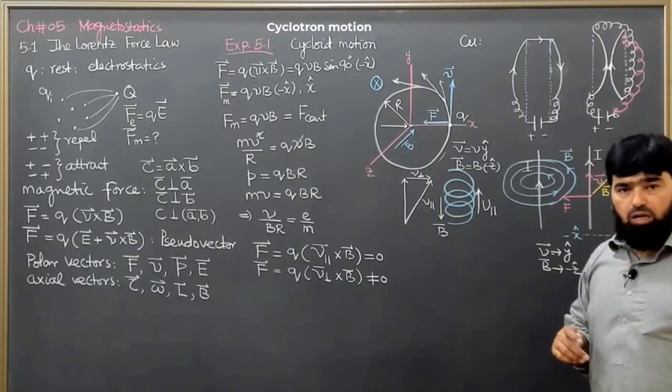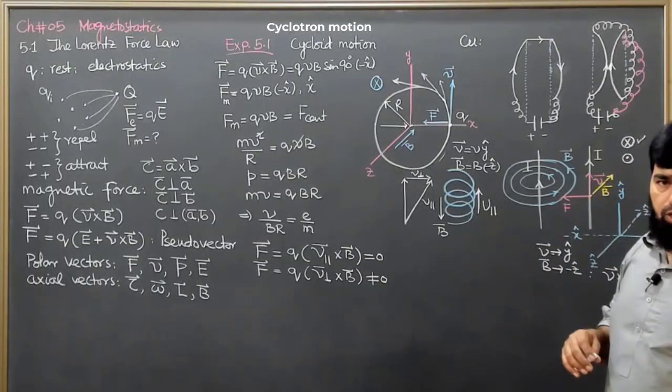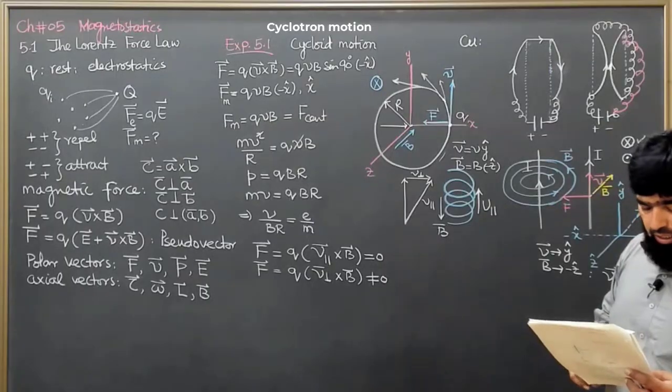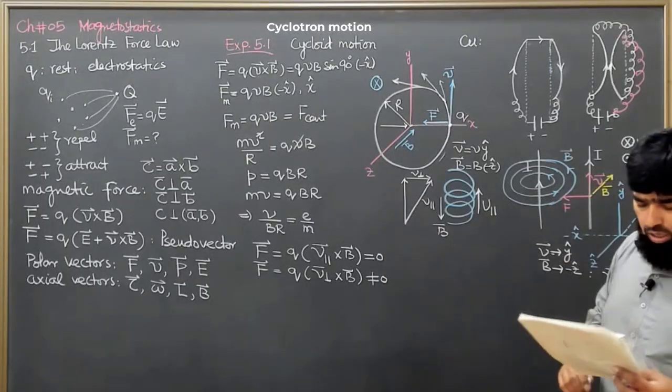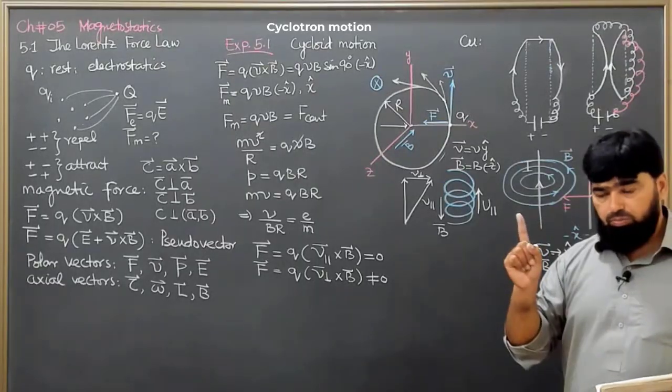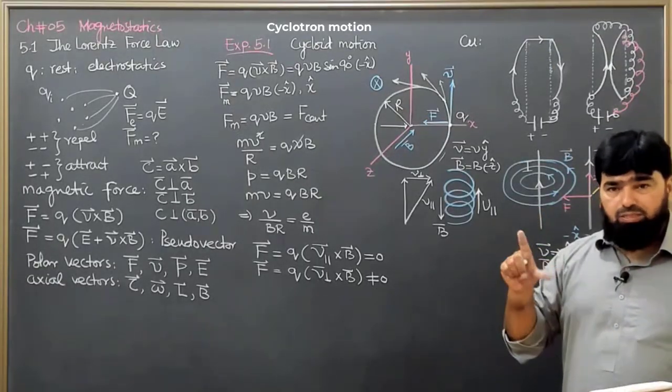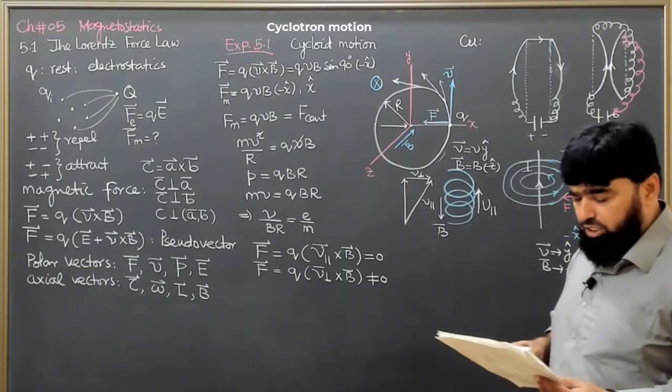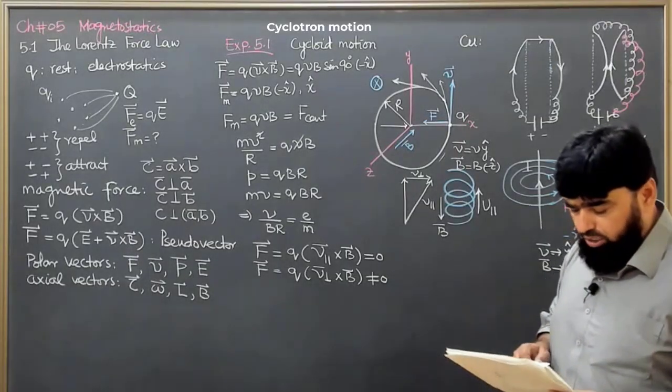We can draw a 3D figure, then we can easily understand the thing, but it is very hard to draw here. But with the help of some markers or pen, you can understand this helical motion easily.